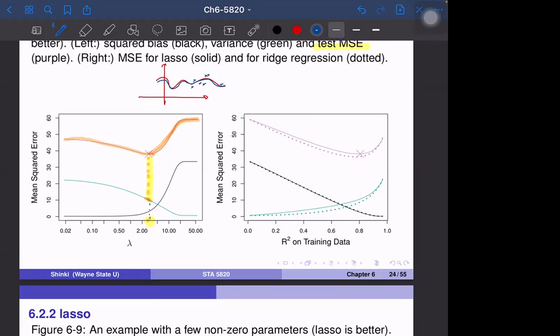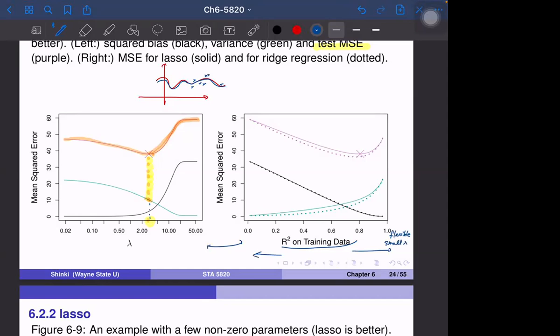This is another way to represent it. As lambda gets larger, the coefficients become 0, so the R square gets smaller. These two are almost equivalent figures. This is R square on training data. In one direction we have more flexibility, a more flexible model, or a small lambda.